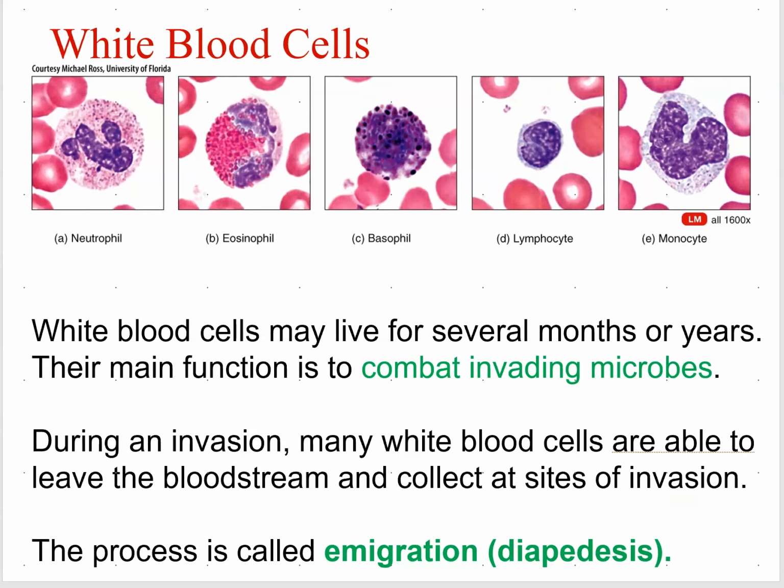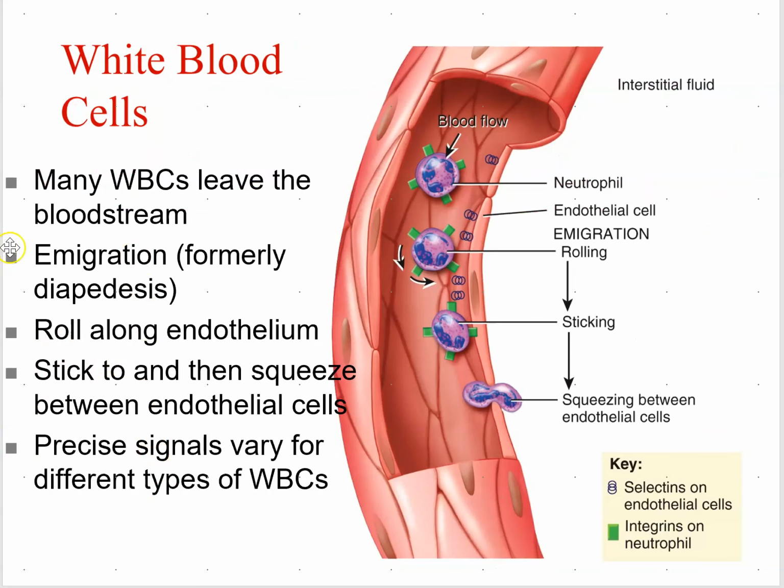If you look at this picture over here, it shows a process wherein leukocytes are capable of exiting the blood vessels and moving through the connective tissue of the dermis to reach the site of the wound.